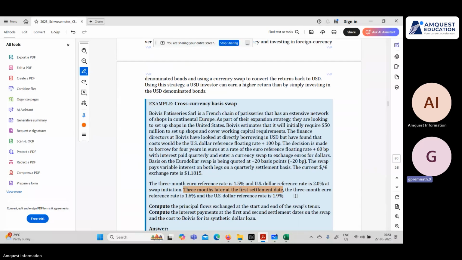So he has to pay to the swap dealer 362,500. Just give me 1 second. Yeah. So he has to pay $362,500.